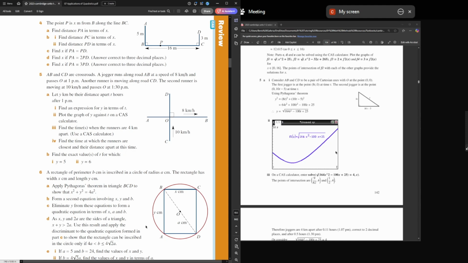And then the second person passed at 1:30, so subbing in 0.5, that's where the 5 came from. d equals 10 times 0.5, which is your 5. So this person is starting 5 meters away from the origin.